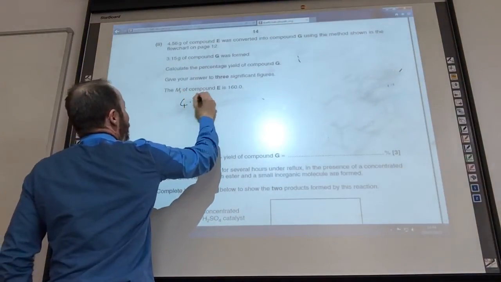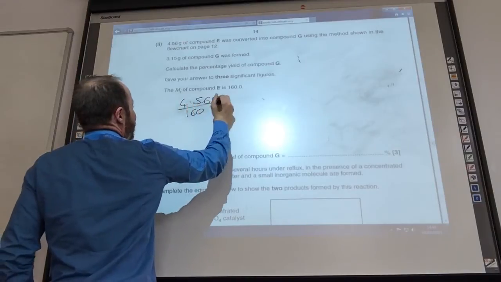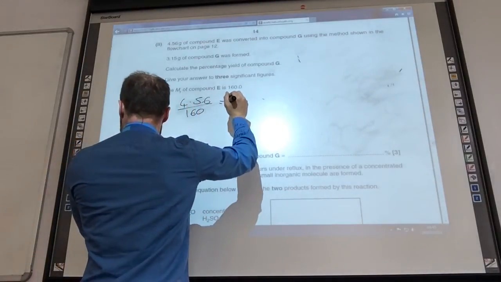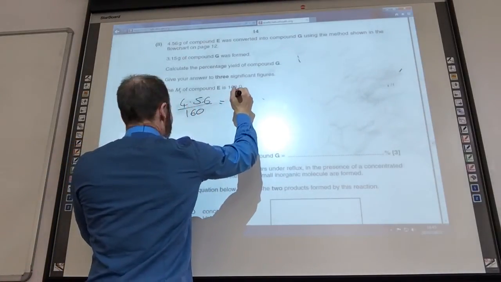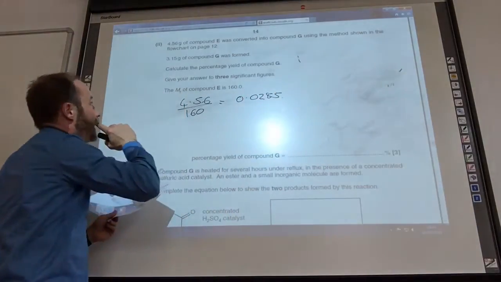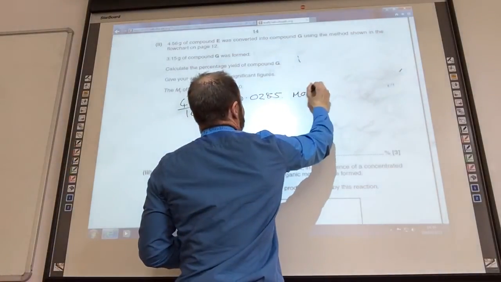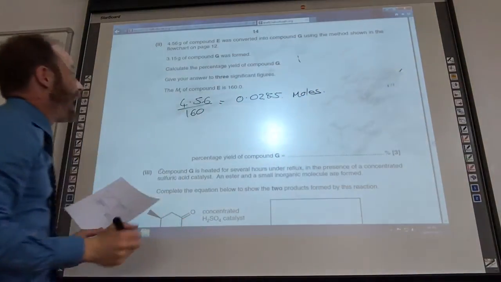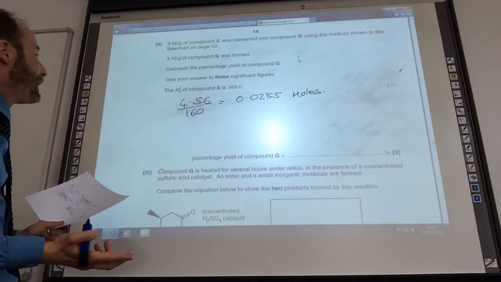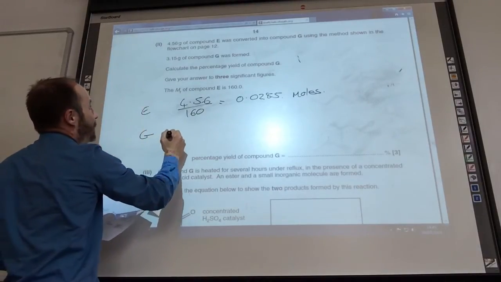I can't. 4.56 divided by 160 equals apparently 0.0285. You then need to work out, you can do it this way, how many moles of E, and how many moles of G did you form?